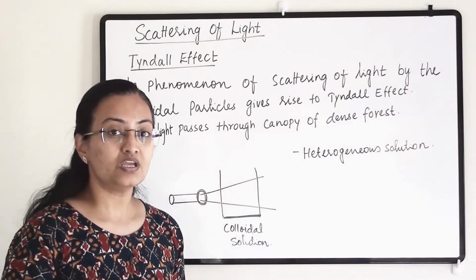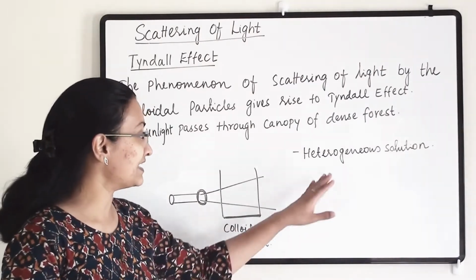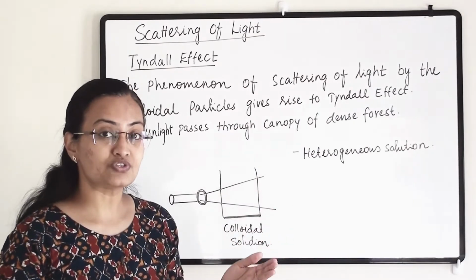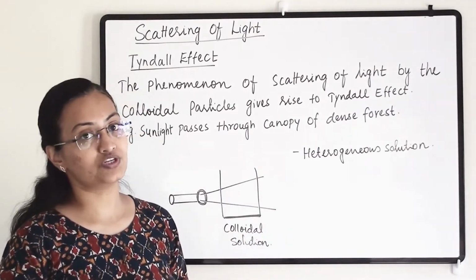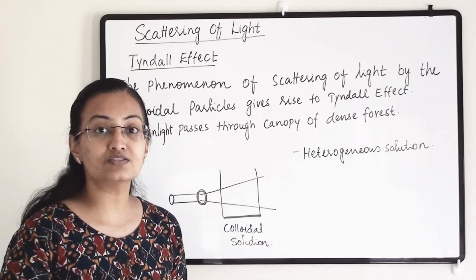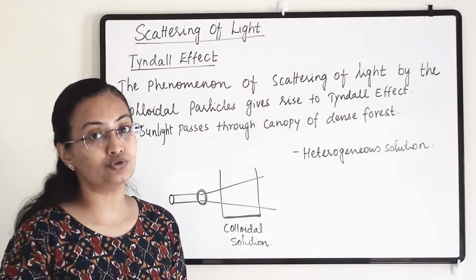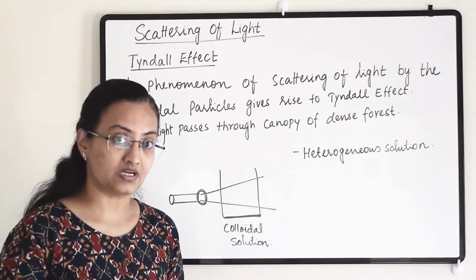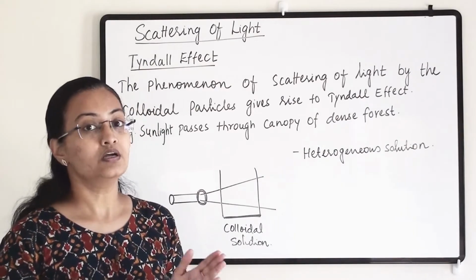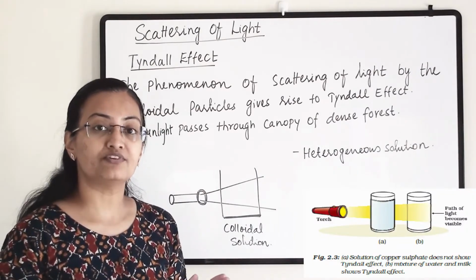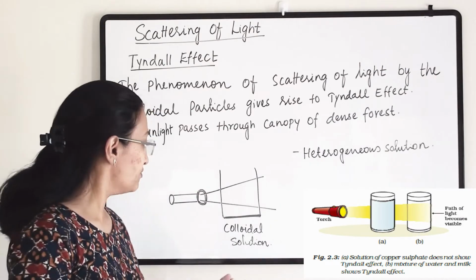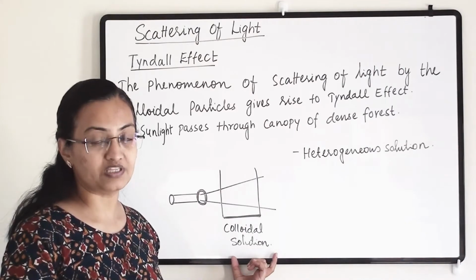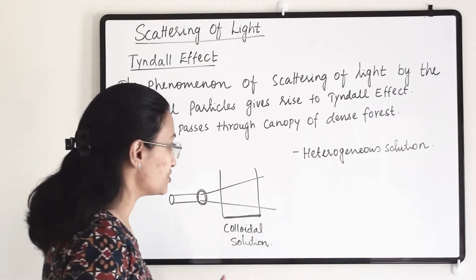Now what is the meaning of colloidal solution? That is a heterogeneous solution, but this solution appears as a homogeneous solution because the particles of this solution cannot be seen by the naked eye. So if there are two solutions with us, for example salt plus water or copper sulfate plus water, and we have milk and water, then there are two solutions with us.